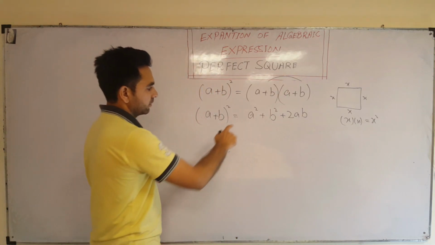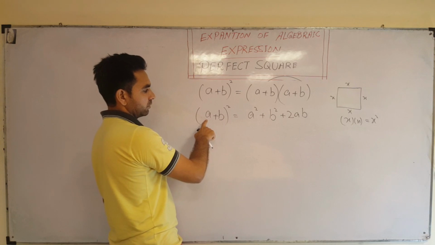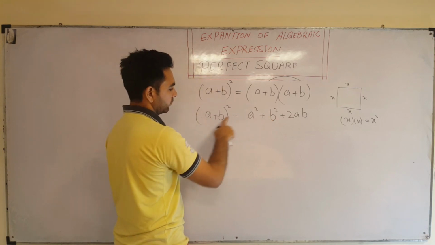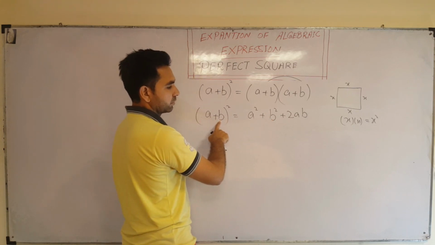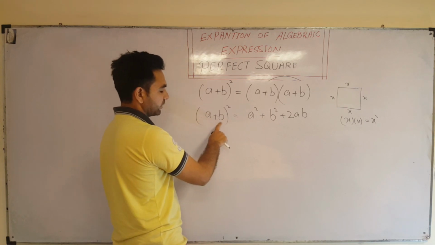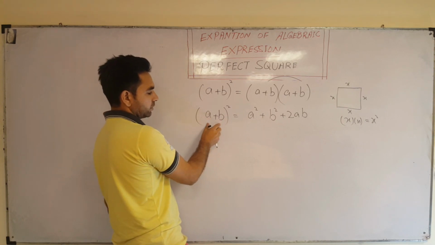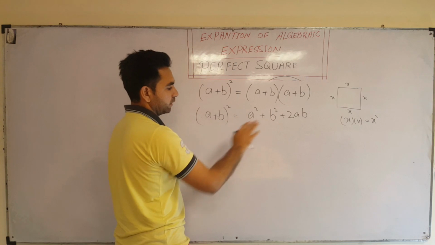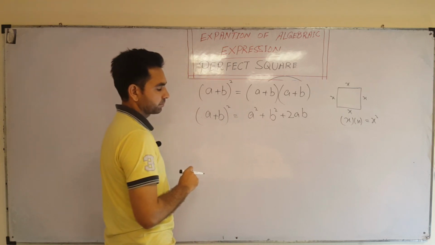So you can say that the square of the first one plus the square of the second one plus 2 times first and second. If you understand this idea, you can expand anything with this formula.